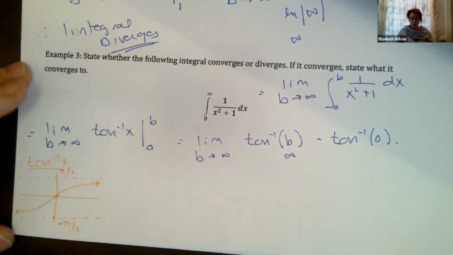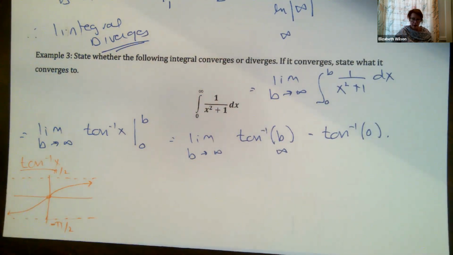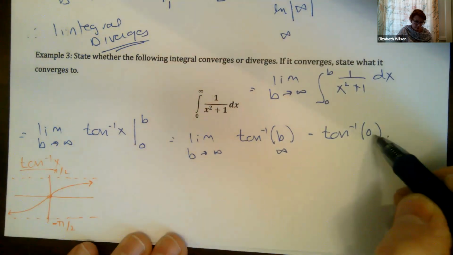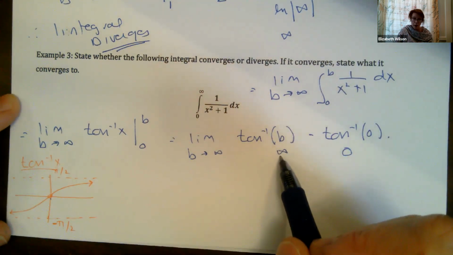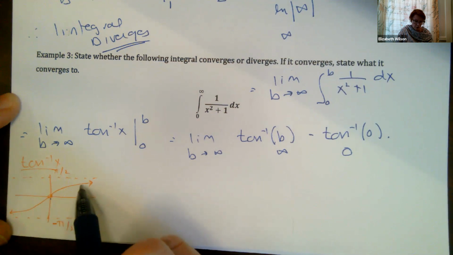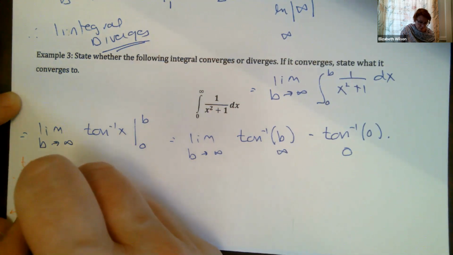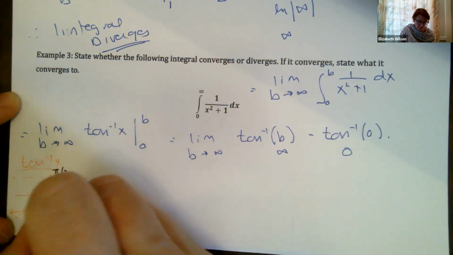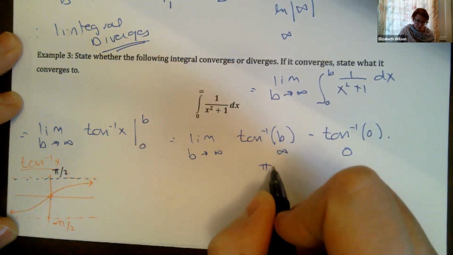Let's think about what's happening. Look at the graph. Inverse tangent of 0 is equal to 0. Inverse tangent of positive infinity, where does my function go? It's bounded on the top by a horizontal asymptote, so this thing approaches pi over 2.